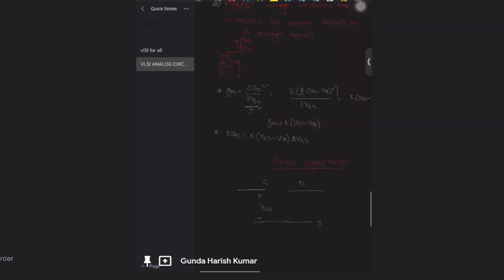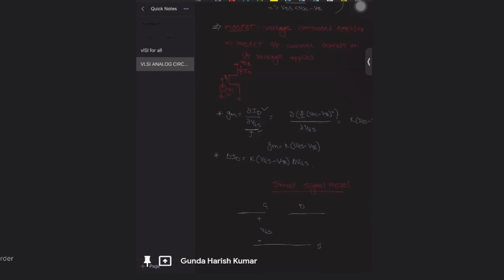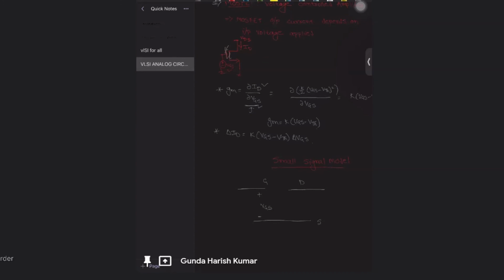Here, between gate and source, it is an open circuit kind of thing, VGS, because there is an oxide between gate and substrate, so no current flows. There is an infinite kind of resistance, it's like an open circuit. And this voltage VGS controls the drain current according to this equation, and this is GM.